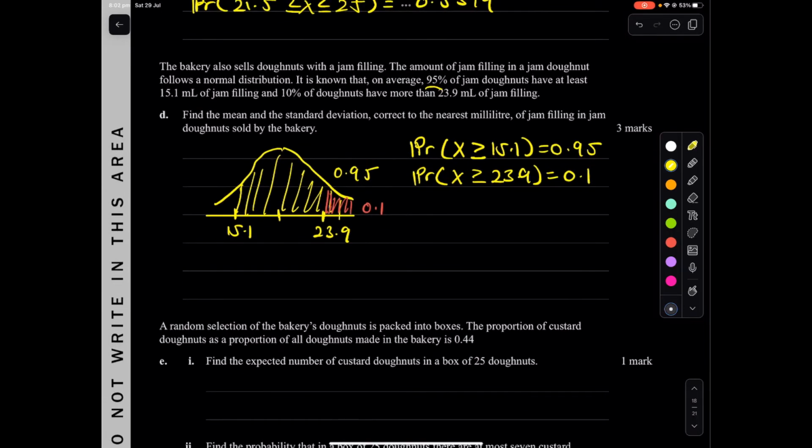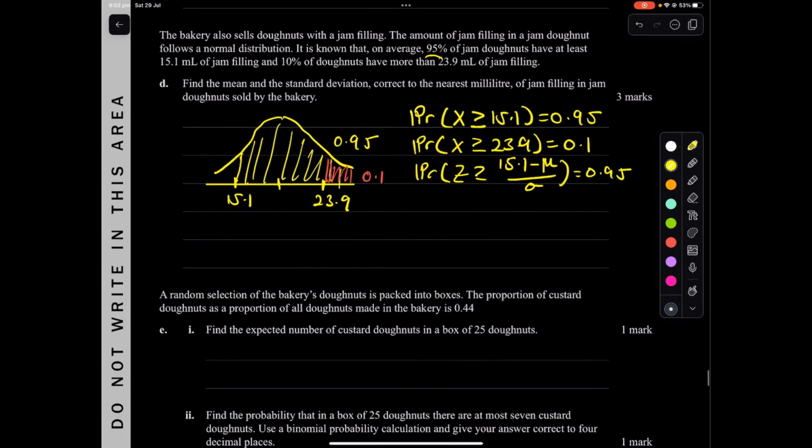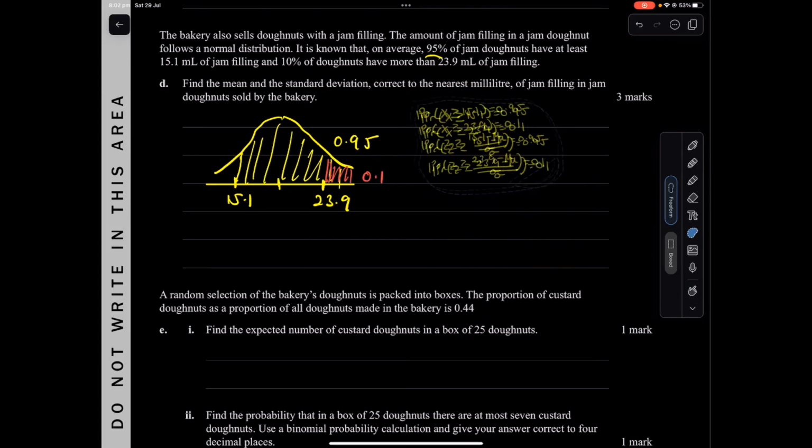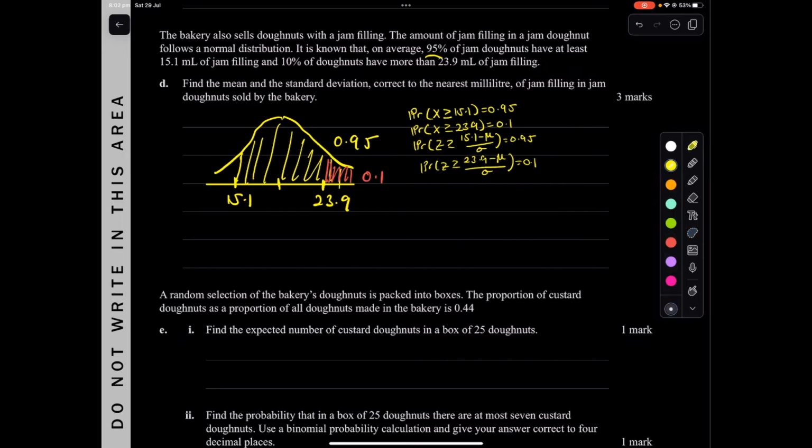Now I can change all those values, so we can rewrite as Z is greater than 15.1 minus your mean value over your standard deviation, 0.95, and Z is greater or equal to 23.9 minus your mean value over standard deviation, 0.1. With this, we get two equations, 1 and 2.